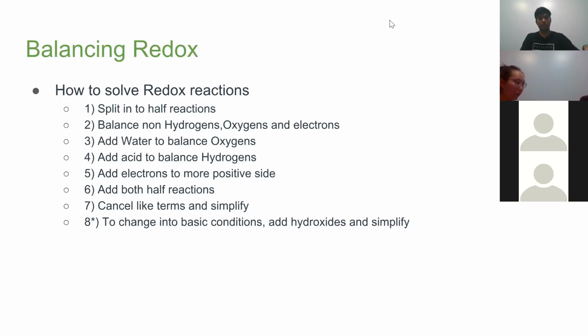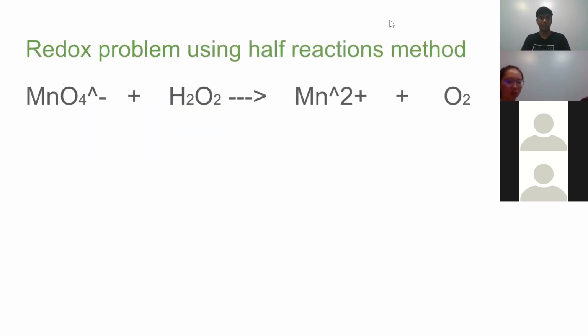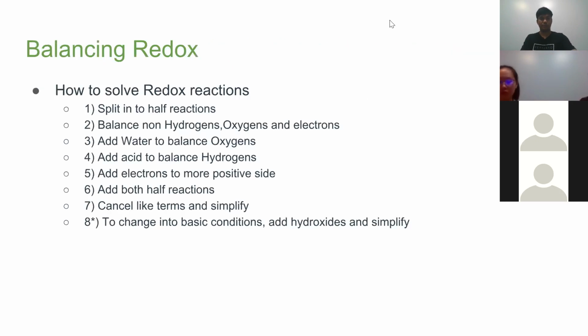So when you solve a redox reaction, like this one right here, you have MnO4 minus plus H2O2 yielding Mn2 plus and O2. So what we want to do is split it into half reactions. This is where we're gonna do some stretching, people.